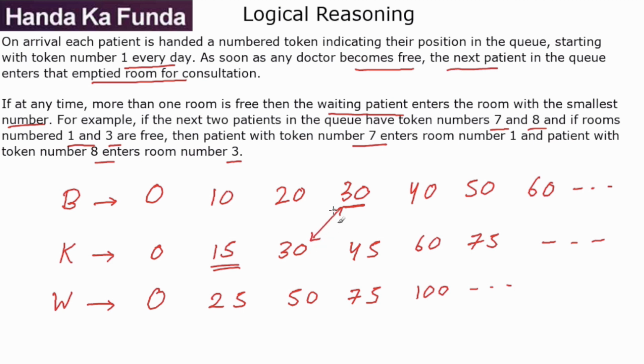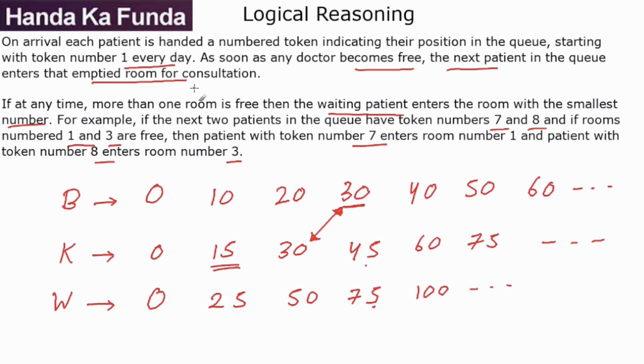That would depend upon which day it is and who is in the lower room number. So whoever comes first, whoever has the lesser token number, it will be decided based upon what day it is, and on that basis you will get to know. For someone who is coming in at 45, there is no confusion. For someone who is coming in at 75, he will be confused between Kane and Wayne. So we'll have to check what happens.